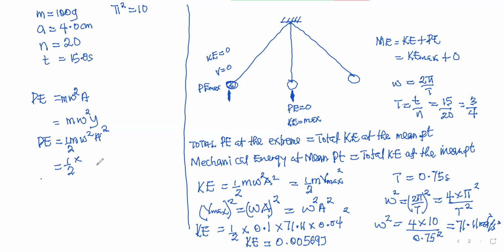Yes, please. Okay, so half the mass is 0.1, then angular velocity squared. The angular velocity omega, we've calculated for it, and that gave us 71.11 times the amplitude squared, 0.04 squared.